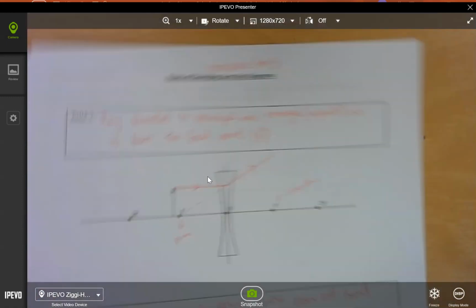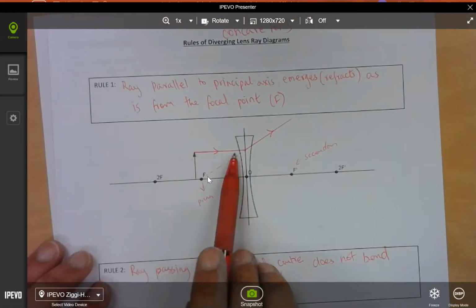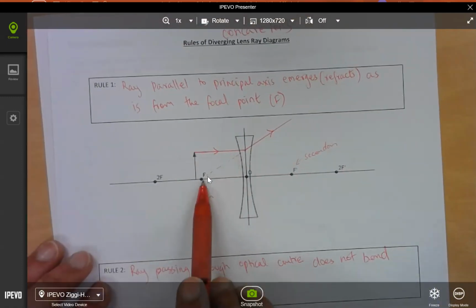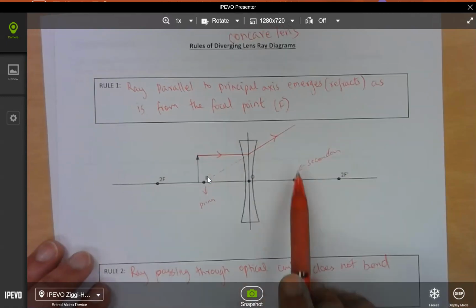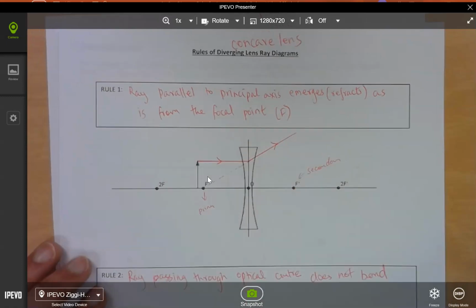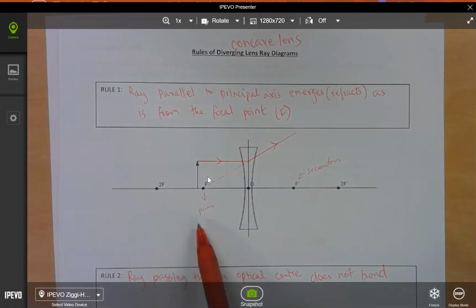For a concave lens, when it's parallel to the principal axis, this was the focal point that it emerged from. Right? So this is the primary focus, the other side is the secondary. So the primary is always defined in relation to our first rule. So when I shine a ray of light parallel to the principal axis, which focal point does it go to, or which focal point does it come from? That is our primary focal point. The other one on the other side will be secondary.